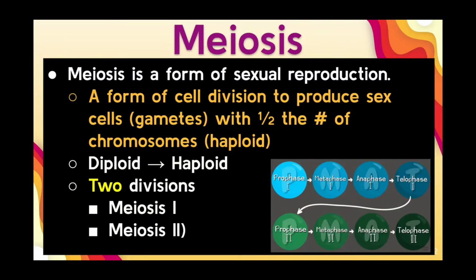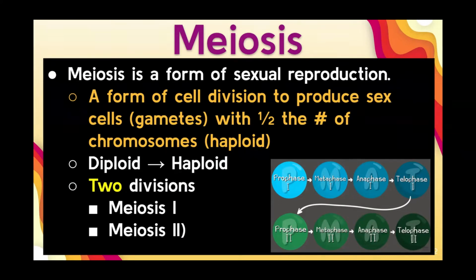In other words, we take the normal diploid cells that are made in mitosis, and we split them further in half to make these half cells, haploid cells. Unlike mitosis, where there's just one PMAT, meiosis actually has two divisions, and we call that meiosis 1 and meiosis 2.